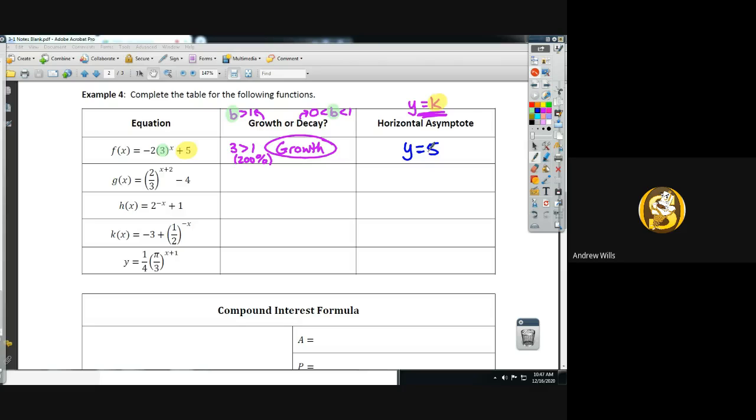All right, let's take a look at g of x there. So again, we need to locate the base. So anybody, unmute and tell me what is the base of this second function g of x? What is the b value for g of x?